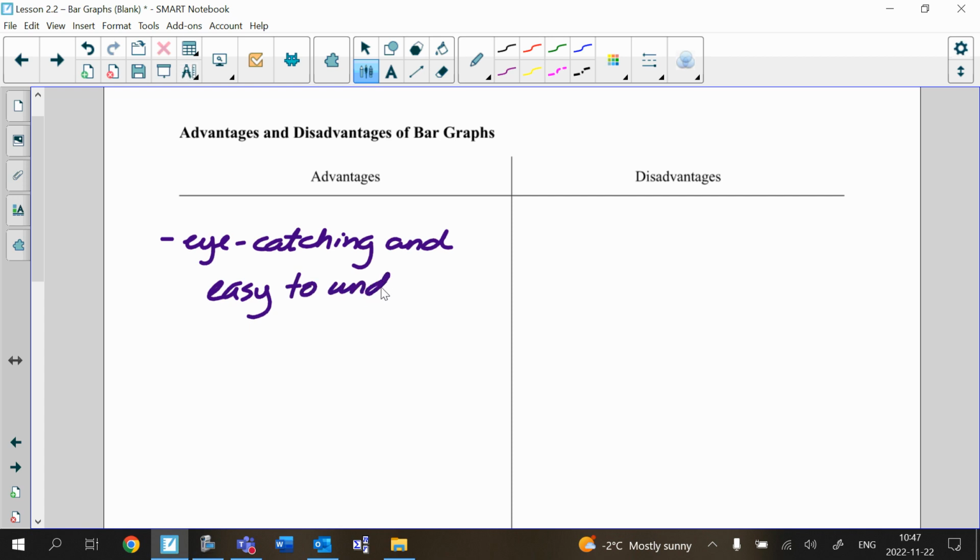That was an advantage of the circle graph too, especially when you had the percentages labeled. Here you've got the bars, looks appealing, pretty easy to pick up the information on it.